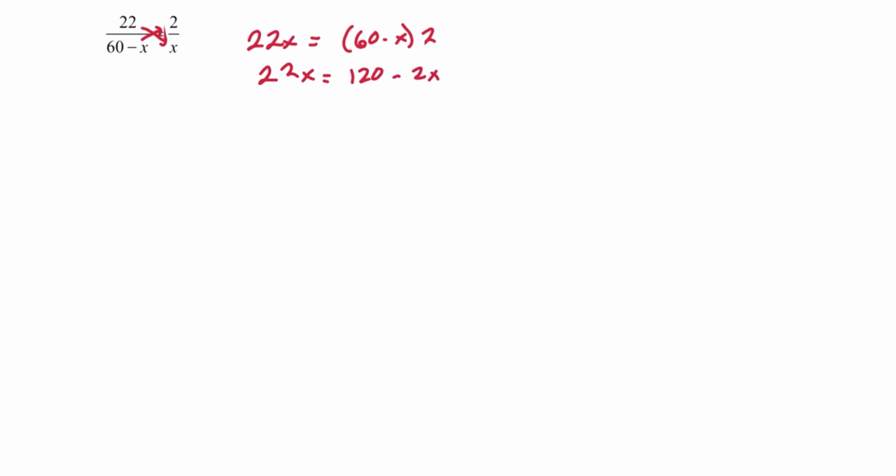Add the 2x to both sides. 24x equals 120. Finally, we will divide by 24, and we get x is equal to 5.